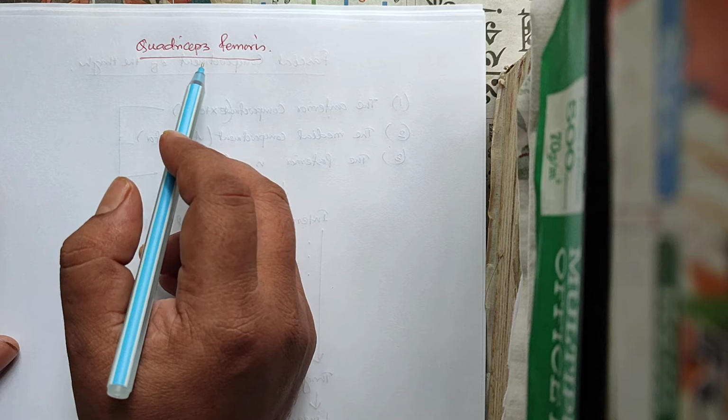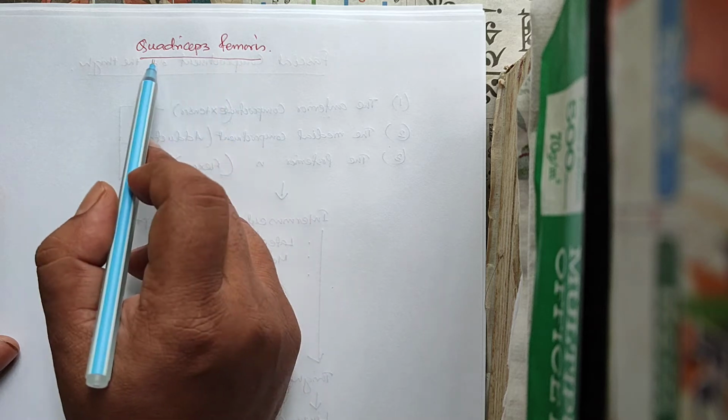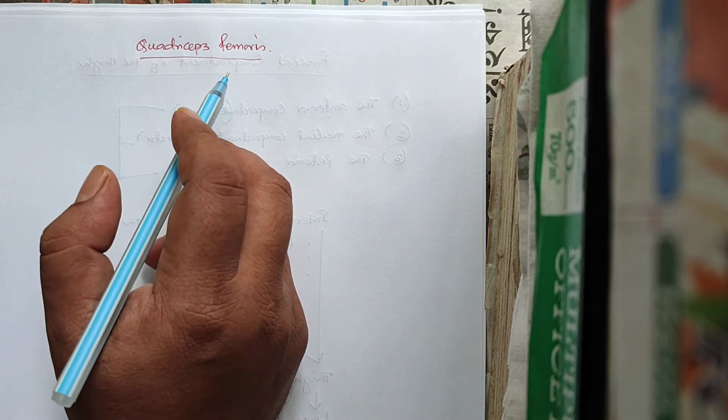The quadriceps muscle is named because it is formed by four parts.